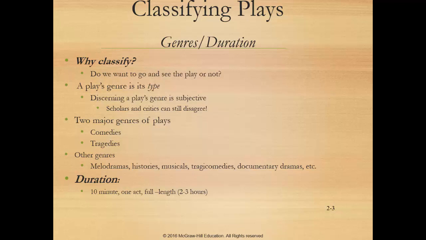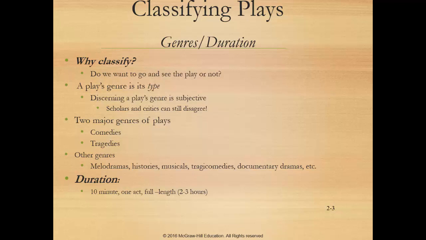Another way that you can classify a play is by the duration. So sometimes you'll hear people say a full-length play or a one-act play. A full-length play used to be always 2 to 3 hours. However, there's a lot of full-length plays nowadays that are not that long.